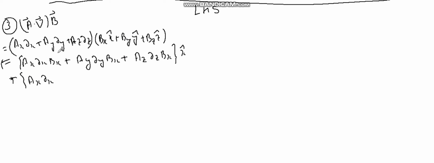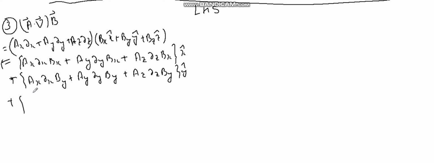The only thing is this Bx will be in the first term, By in the second, so this Bx will be replaced by By, and the same thing will repeat: Ax del x By plus Ay del y By plus Az del z By, and we have y cap. Similarly, the same thing will repeat, only here we have Bz, right?